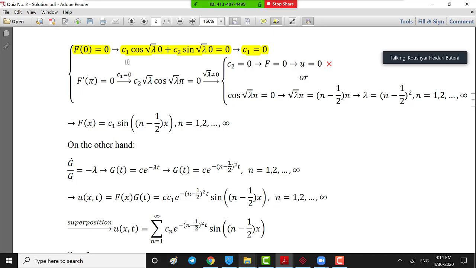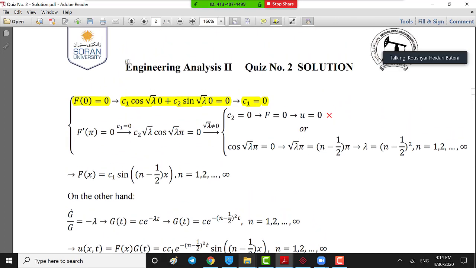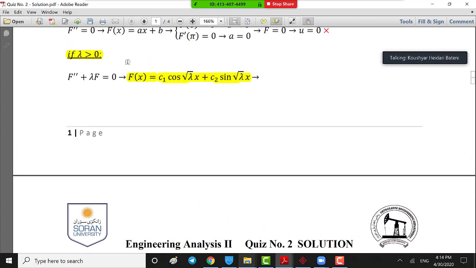Knowing that c1 is equal to 0, f of x becomes c2 sine of a square root of lambda x. Is it right, Binai? Because c1 is equal to 0, f of x is equal to this, right?